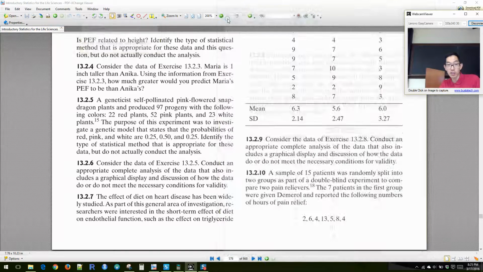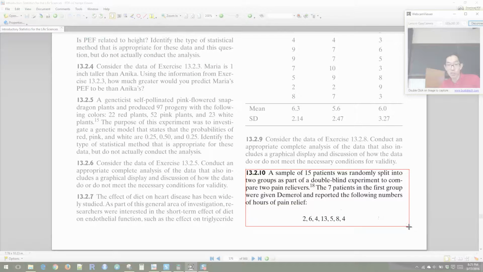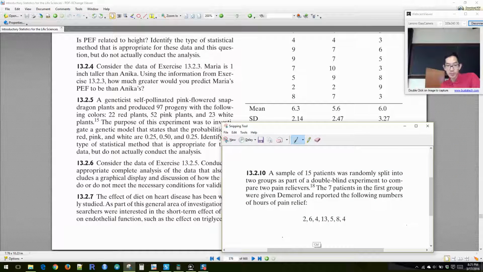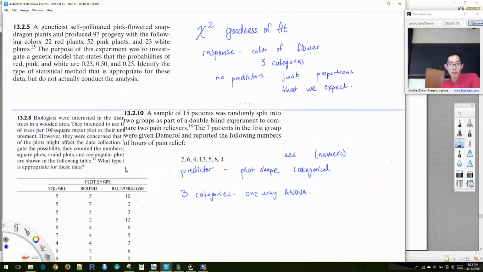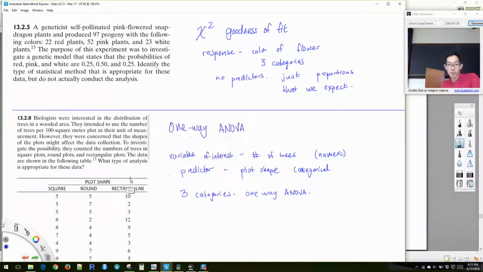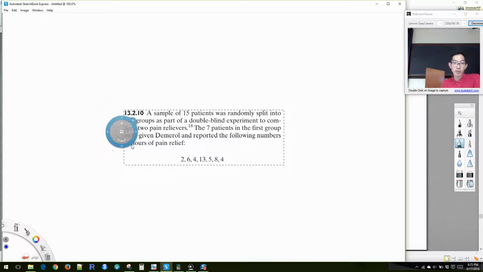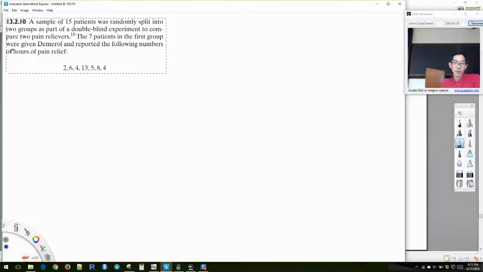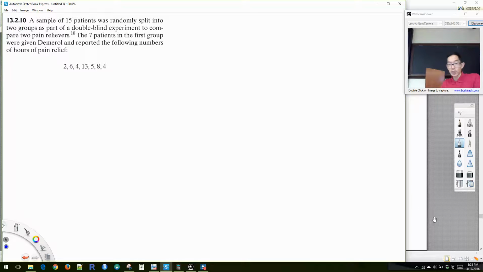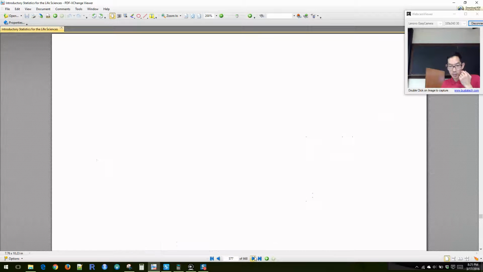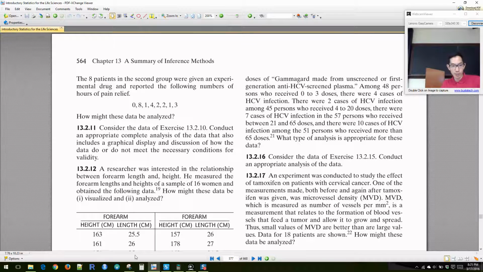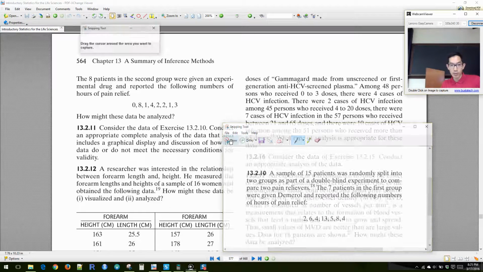Let's look at 13.2.10, which is spread across 2 pages here. So the first one says they looked at some patients and then they gave them 2 different drugs.